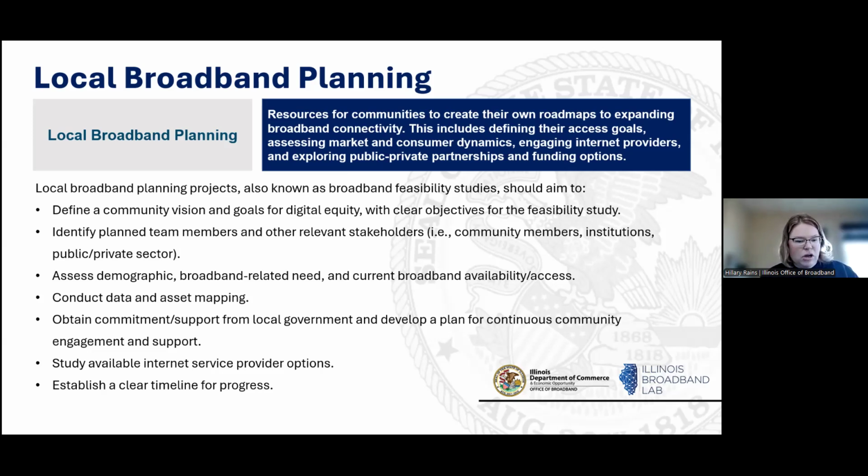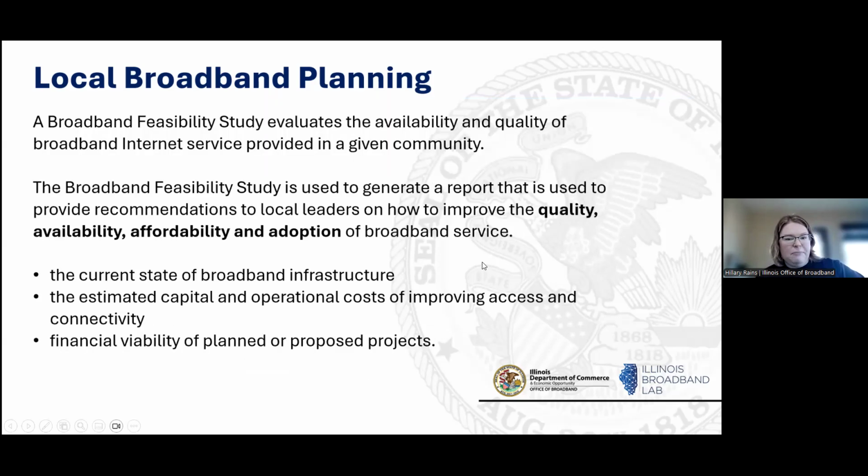You're also going to want to look at a clear timeline for your progress, right? A plan without action is just a plan. So make sure that you have a timeline in there as well. Again, this is all in the NOFO, so feel free to take a look at that.